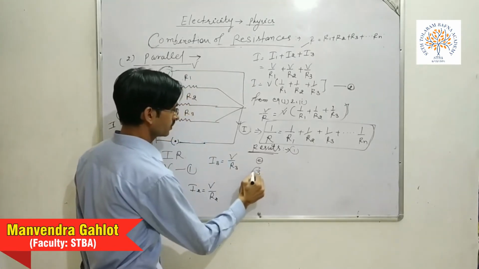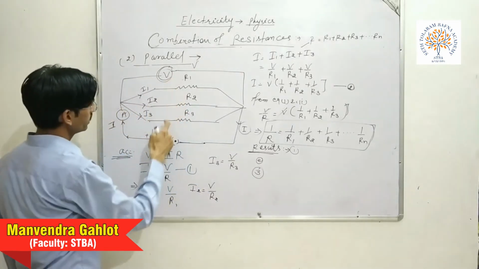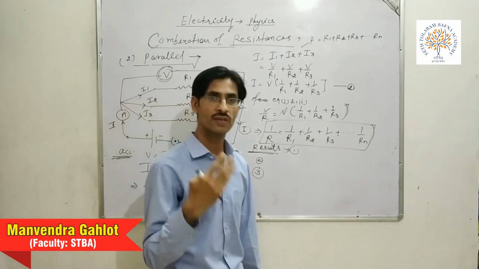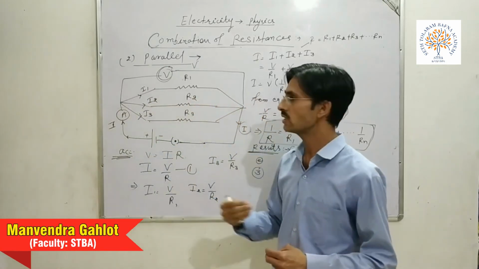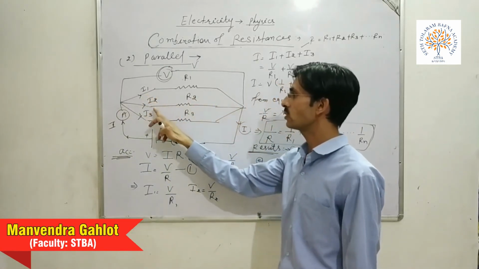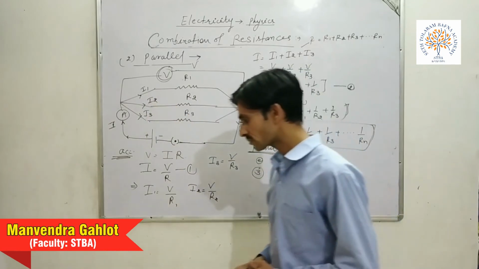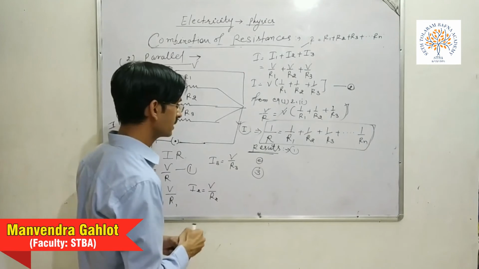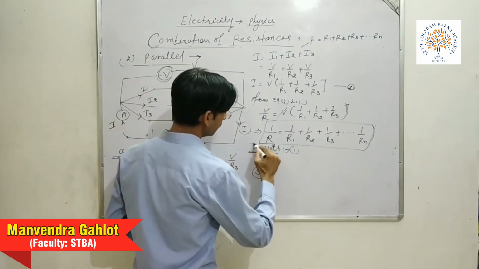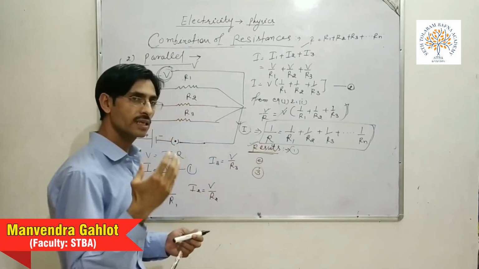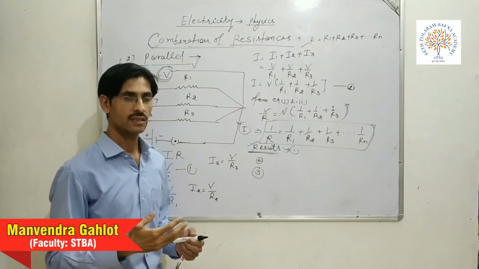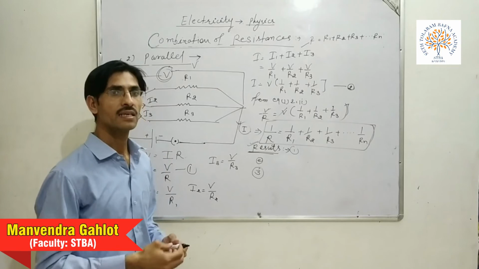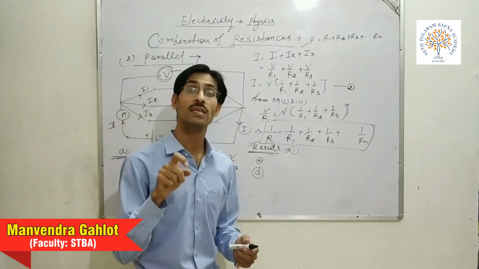Third, in parallel combination the amount of current is different, such as I1, I2 and I3. At last, the fourth result we can say, in parallel combination the equivalent resistance is always smaller than the minimum individual resistance.